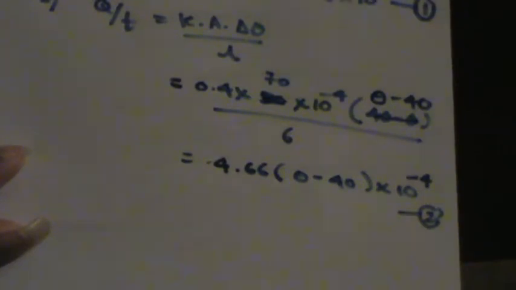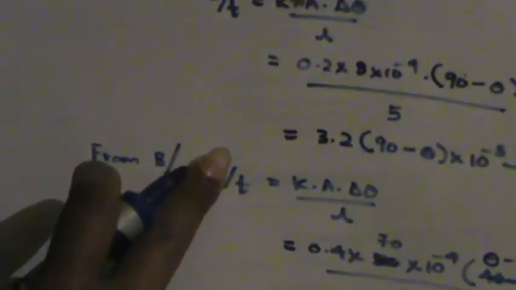Sorry, this is theta minus 40. 28 divided by 6 is 4.66, times theta minus 40 times 10 to the power minus 4. This is equation number 2.